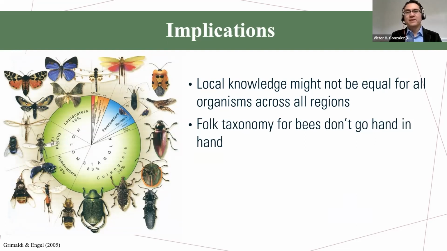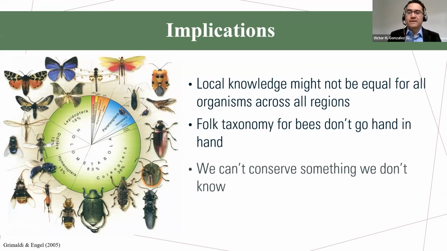So for instance, for ants and wasps, people only know a few common wasps and a few ants that are very common. Usually they're related to their crops, or if they're living next to them, they recognize them. But the great majority of them are just ignored.